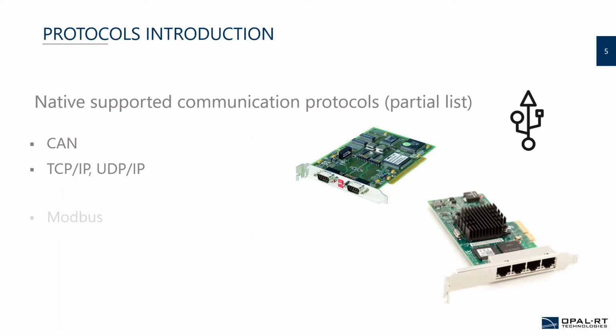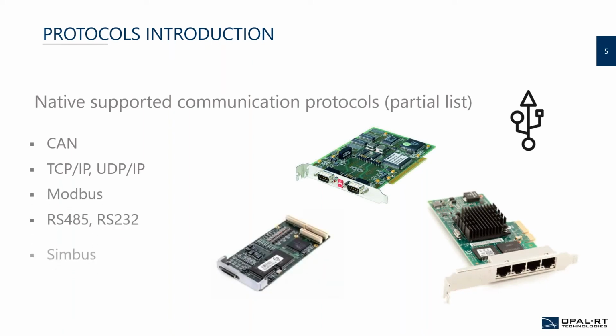We have some Modbus. We have all serial communication as well. And sometimes we also have specialized buses like the SIMbus protocol. If you have other protocols that you don't see in this list, we probably support those as well. This is just a partial list of what we usually see in aerospace.